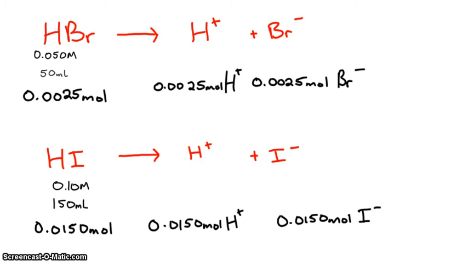This also is confirmed by the fact that the coefficients in front of these ions is 1. There's a 1-to-1 mole ratio. 1 mole of HBr will dissociate into 1 mole of H plus and 1 mole of Br minus.